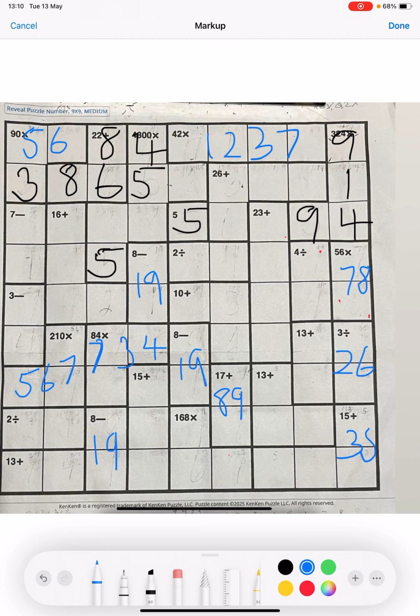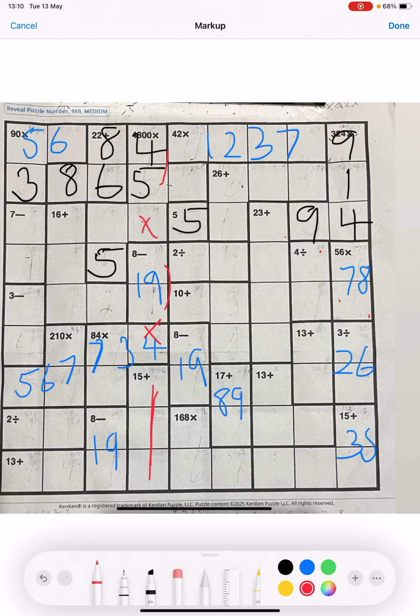I'm going to have a look now at this column, this fourth column. I've got 4 plus 5 is 9, 1 plus 9 is 10, that's 19, and another 15 there, that's 34. So the whole column, 1 plus 2 plus 3 plus 4 plus 5 plus 6 plus 7 plus 8 plus 9, is 45. So this one and this one have to add up to 11. But I've already got a 4 in that column.